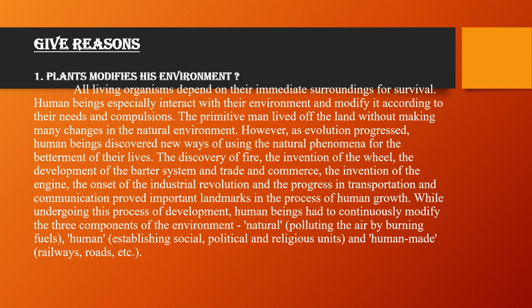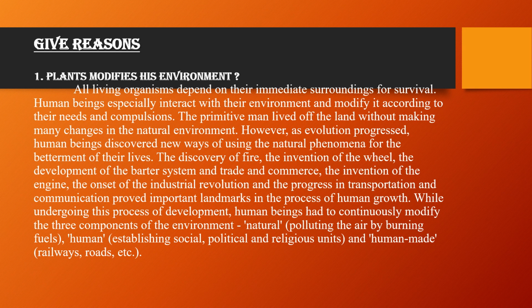The discovery of fire, the invention of the wheel, development of the barter system and trade and commerce, the invention of the engine, the onset of the industrial revolution, and the progress in transportation and communication proved important landmarks in the process of human growth. These are the landmarks which prove that human growth has progressed.